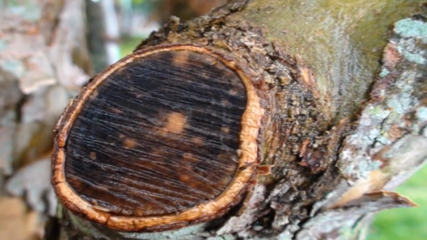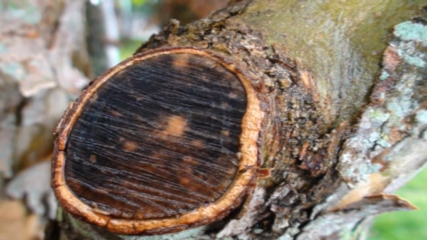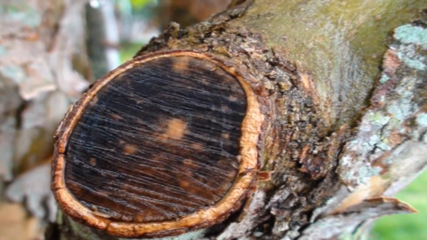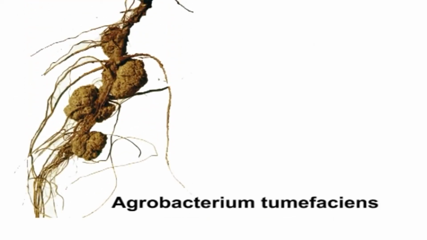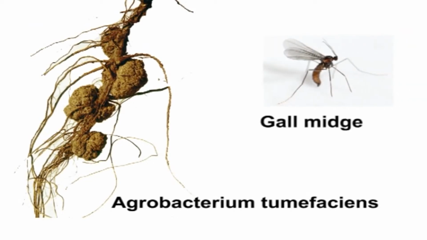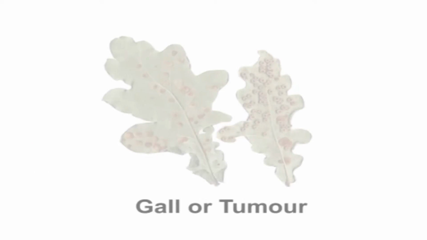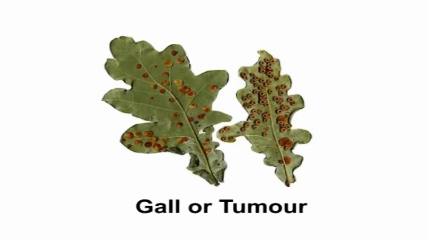Wound callus is formed by the division of cambium tissues; parenchymatous cells of cortex, phloem and xylem rays can also form wound callus. The bacterium Agrobacterium tumefaciens and the insect called gall midge can also stimulate callus-like growth. Such callus-like growth is known as gall or tumor.